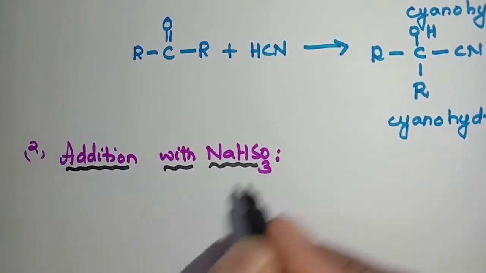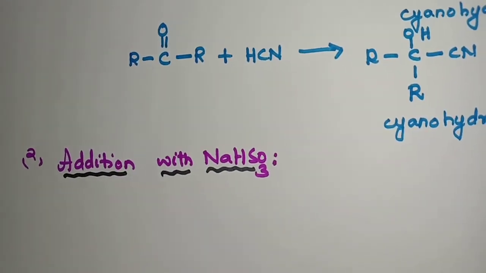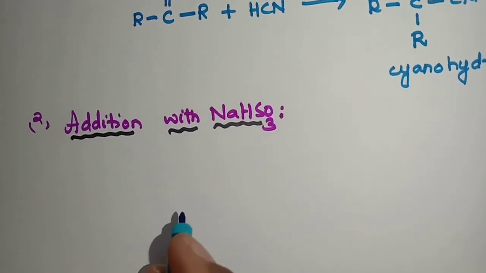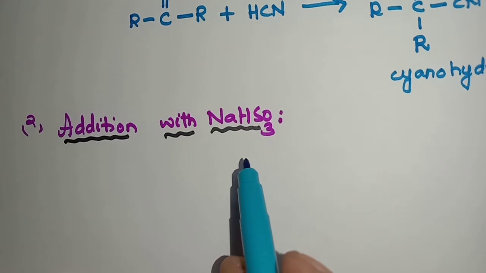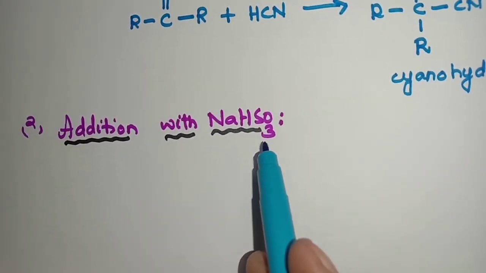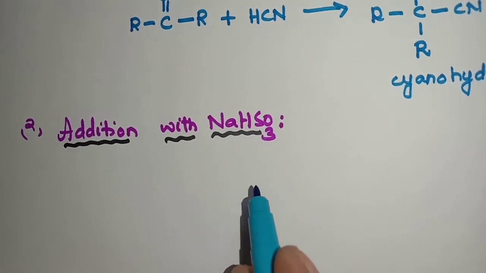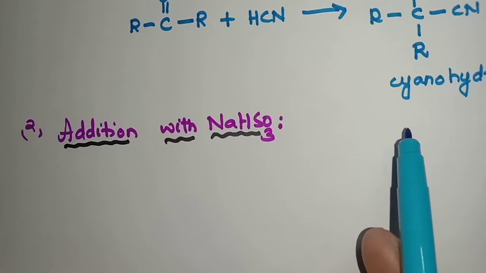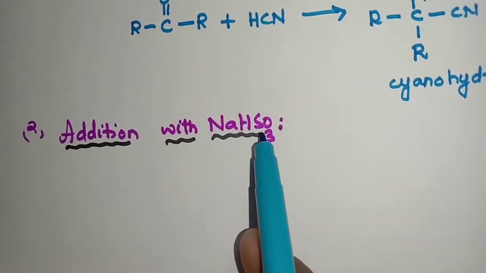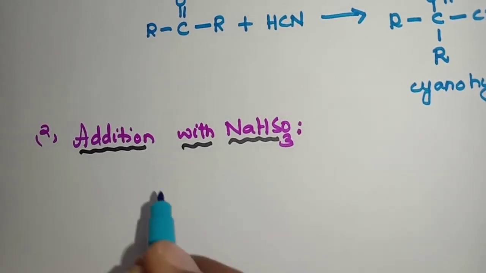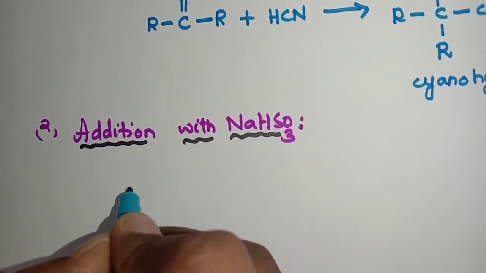So what do we get when aldehydes and ketones react with sodium bisulfite? So aldehydes and ketones react with NaHSO3 to form sodium bisulfite derivatives. Write down the statement. Aldehydes and ketones react with NaHSO3 to form sodium bisulfite derivatives. Let me write the reaction.